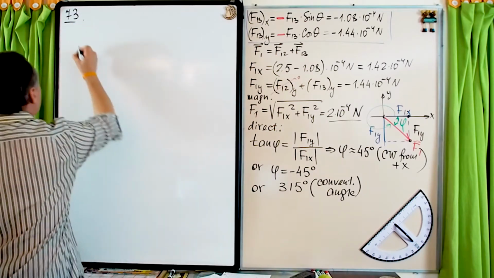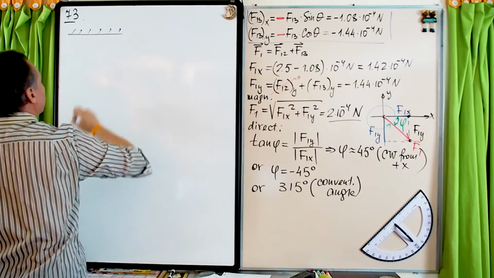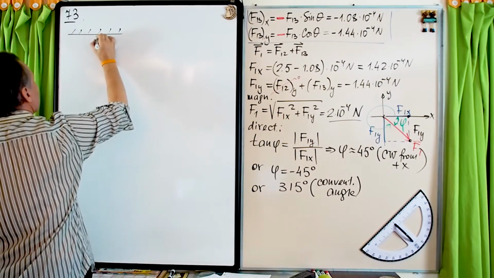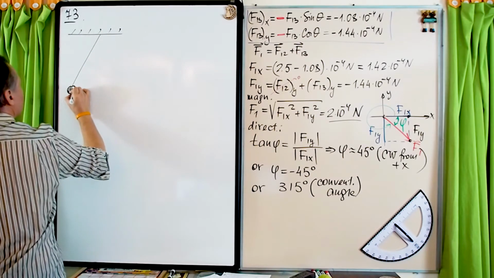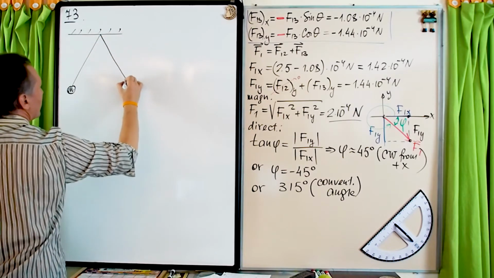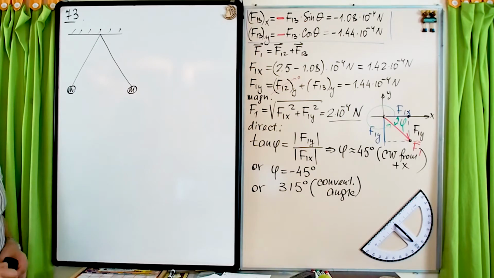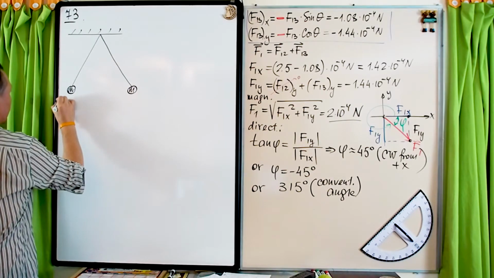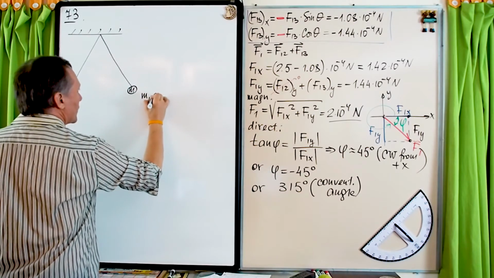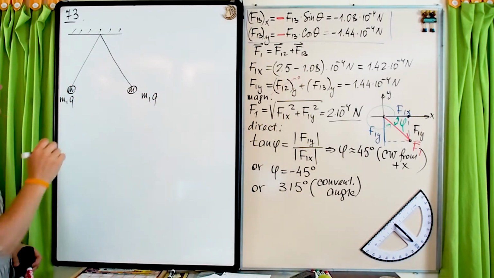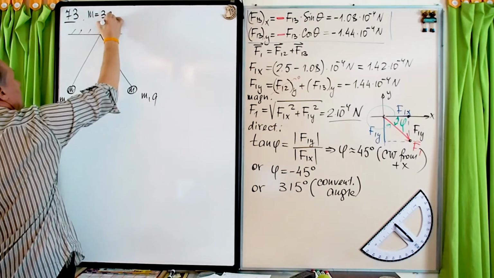Okay, I will start with the picture. So that's the ceiling. Then we have these two charges. One is here, the other one will be symmetrically positioned over here. This has mass m and charge q. We will have to find q; mass is given. So m equals 3 grams.